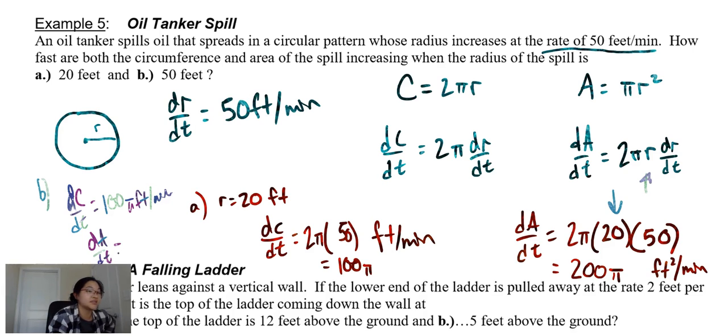So that is 2 pi times 50, which is 100 times 50 again, so that's 5,000 pi feet squared per minute. All right.